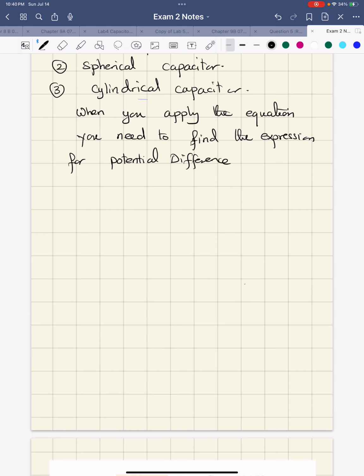And these are listed in chapter 23. This is the reason why I told you I will give you all the equation sheets from the previous chapters, because you might need the VAB expression for different types of conductors where you will be able to use it in this one.